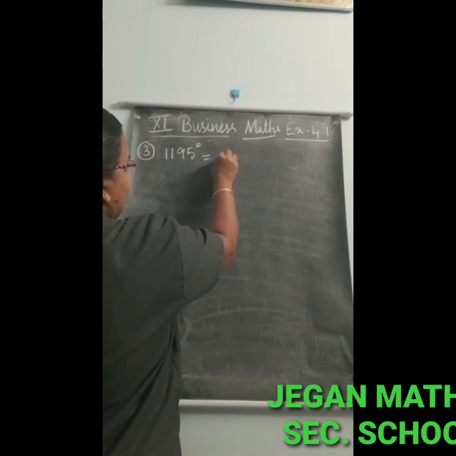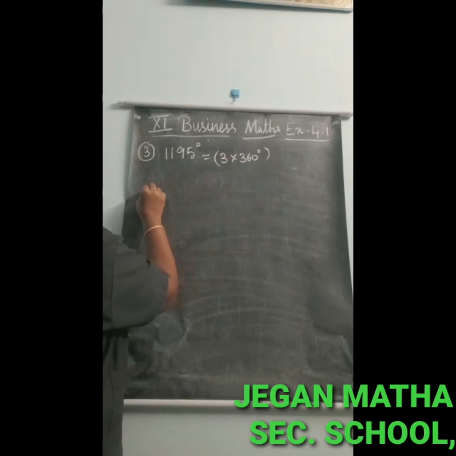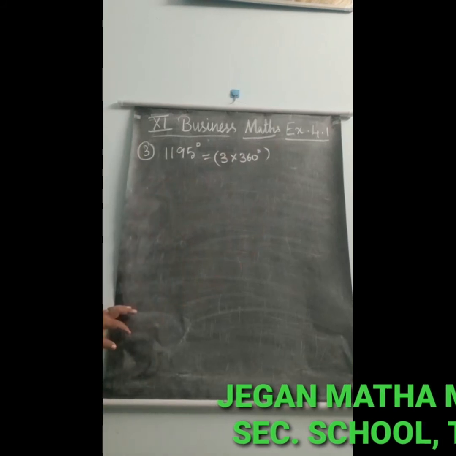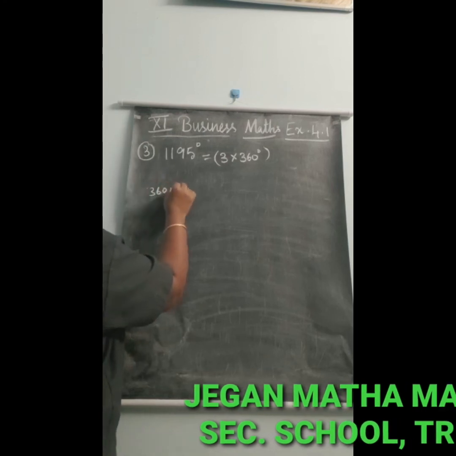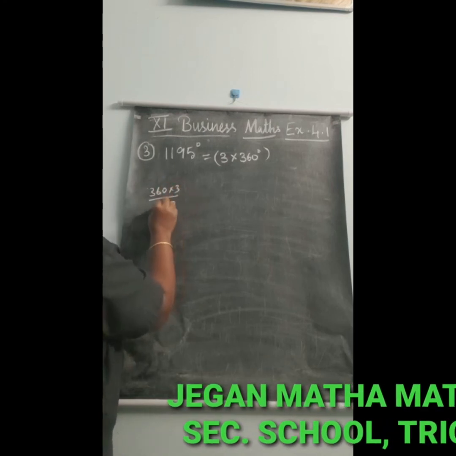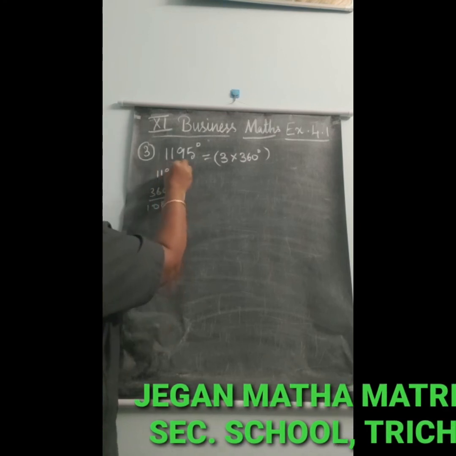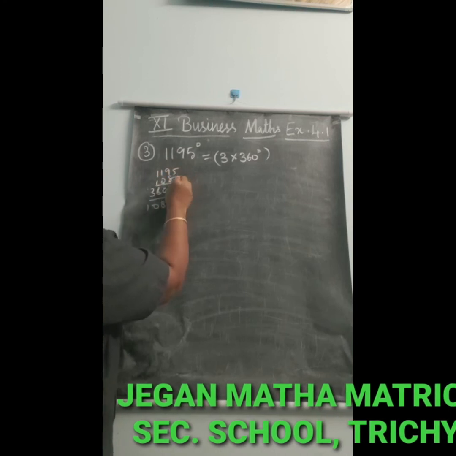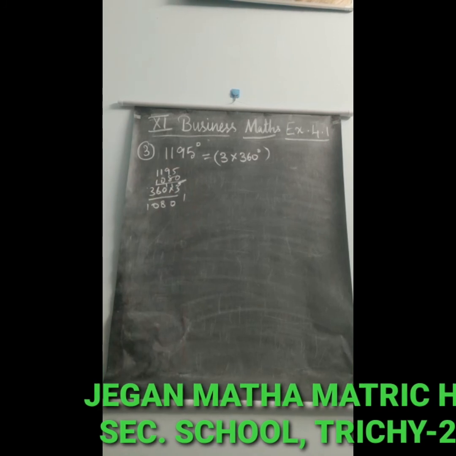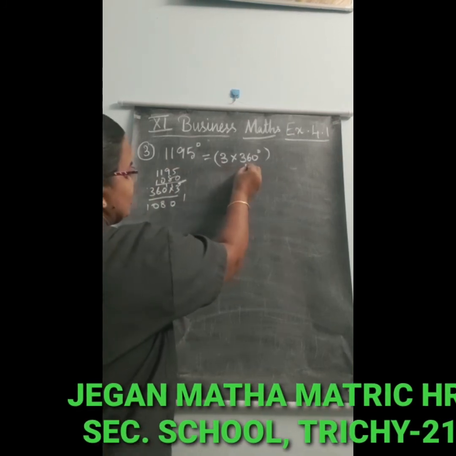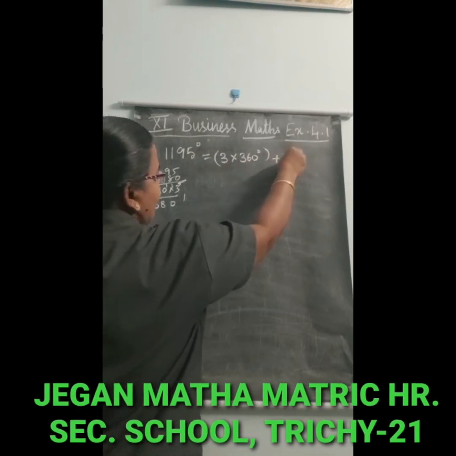If we multiply 3 into 360, 0, 6 3s are 18, 3 3s are 9, and 1 gives 1080. Subtracting from 1195, we get 115. So we take 3 into 360 plus 115.